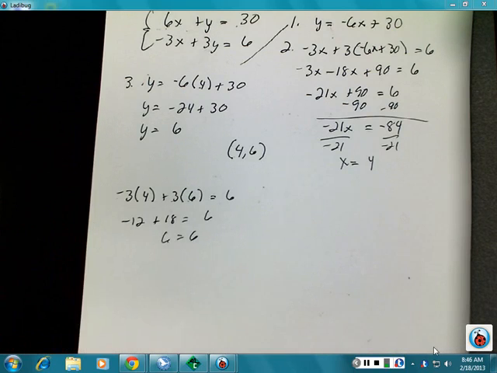Another one? Okay. The other varieties that they can end up giving you with some of these, let me see if I can find one. They give you ones that have decimals in them.